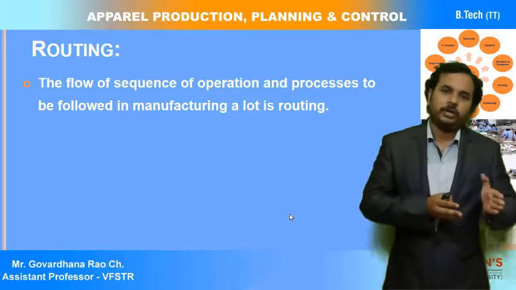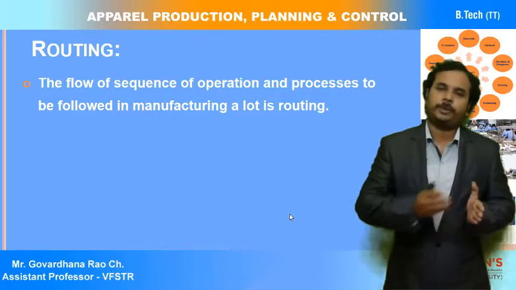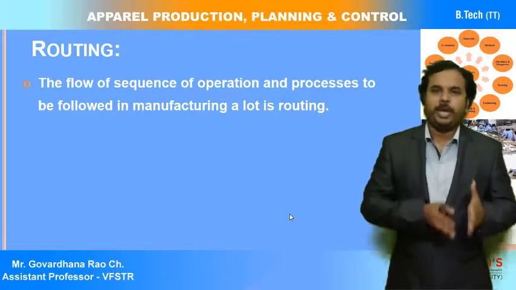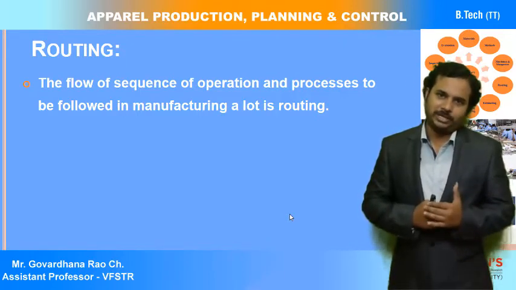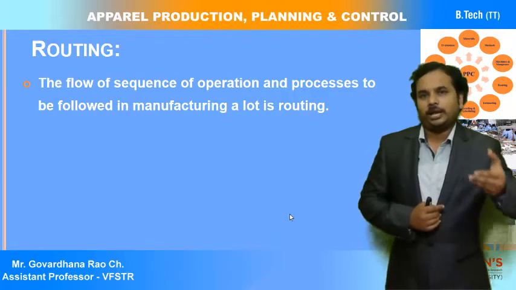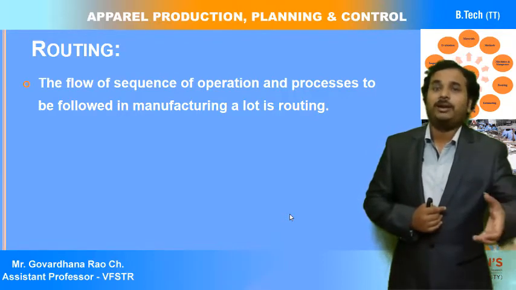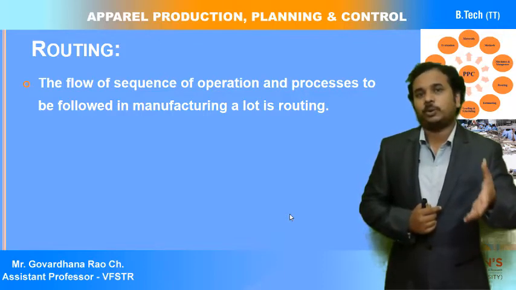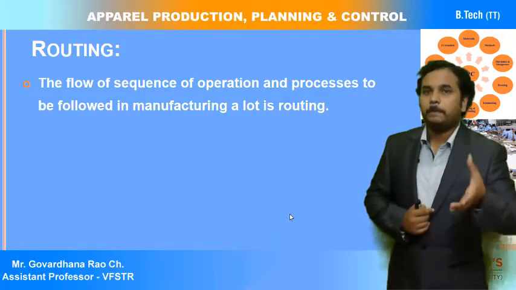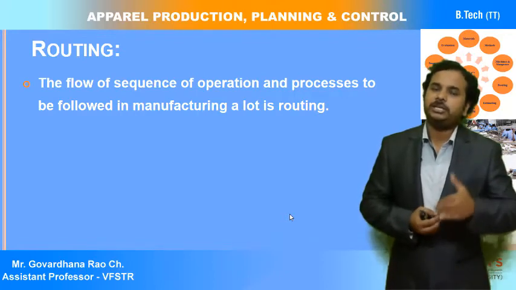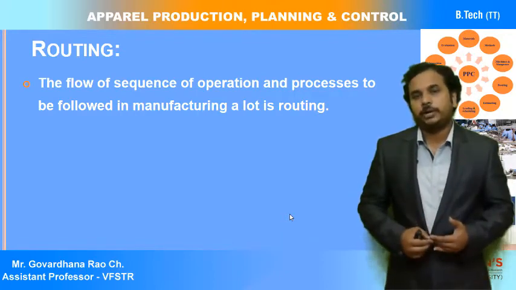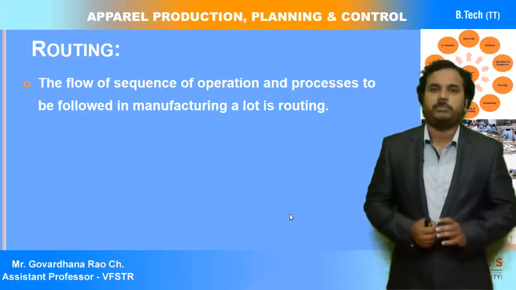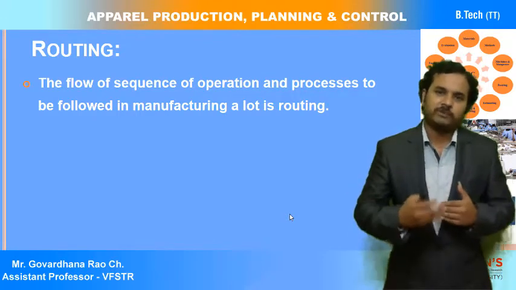To make a garment, as I told earlier, there is a preparatory stage where the cuffs, collars, pleats and plackets are manufactured. Then these cut components are attached to the body, then the finishing can be done. So this is the sequence of operations.